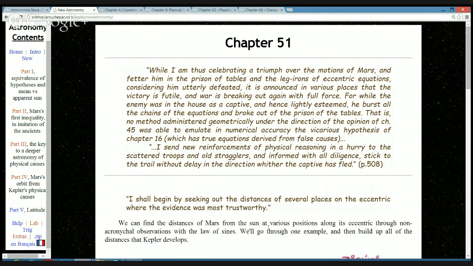For while the enemy was in the house as a captive, and hence lightly esteemed, he burst all the chains of the equations and broke out of the prison of the tables.